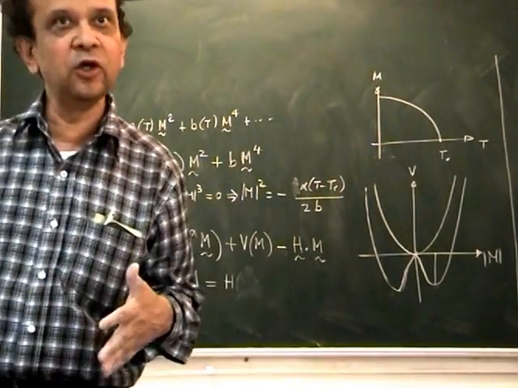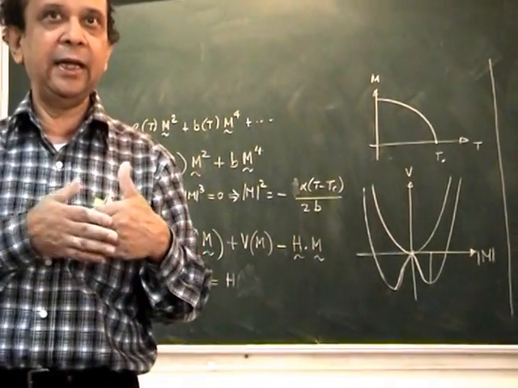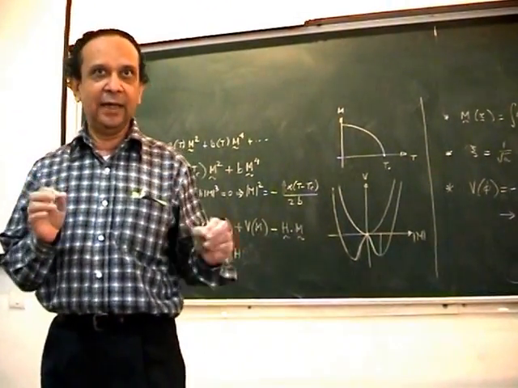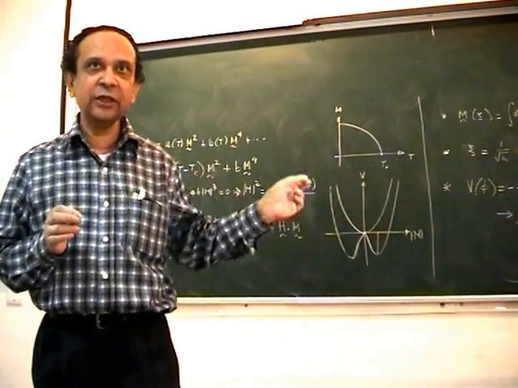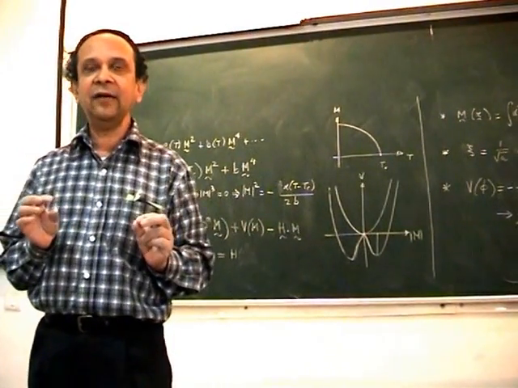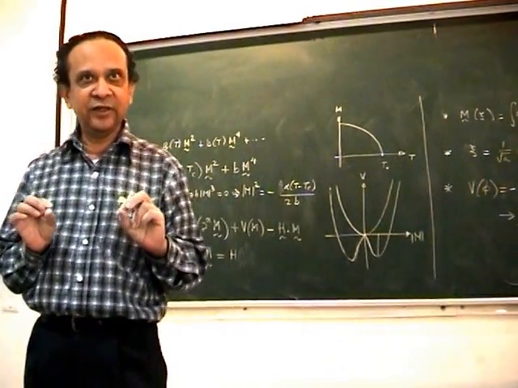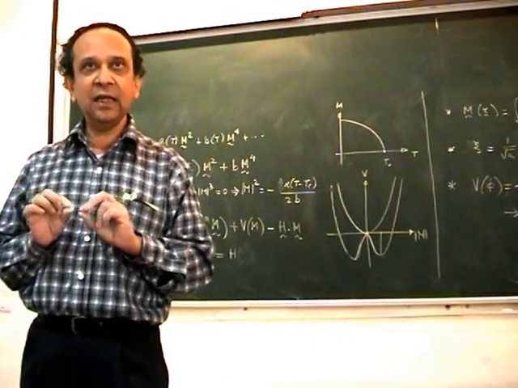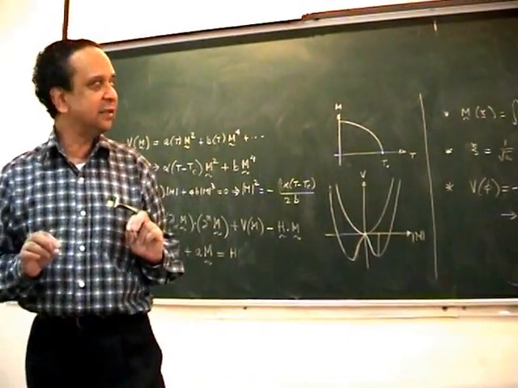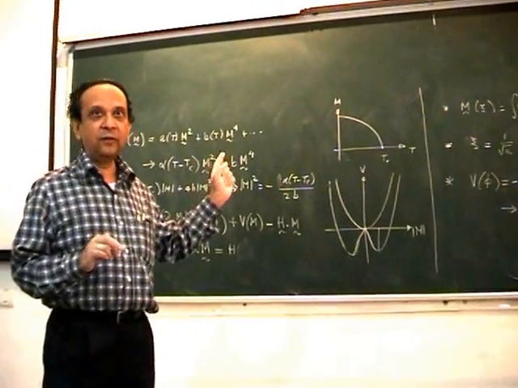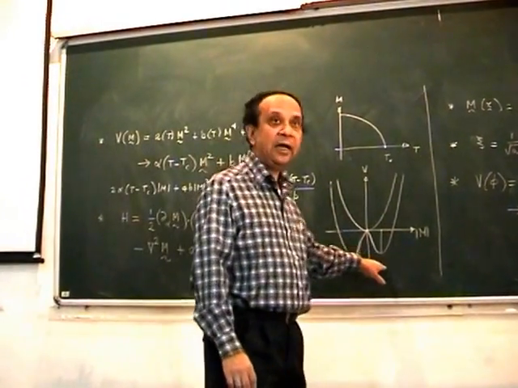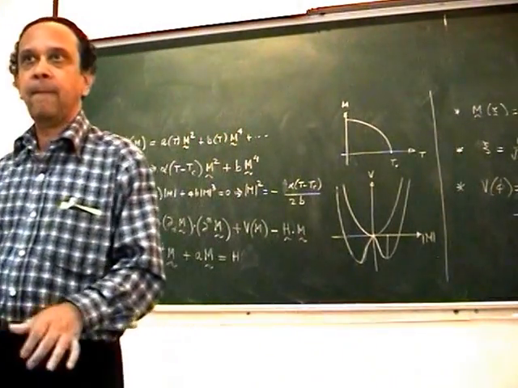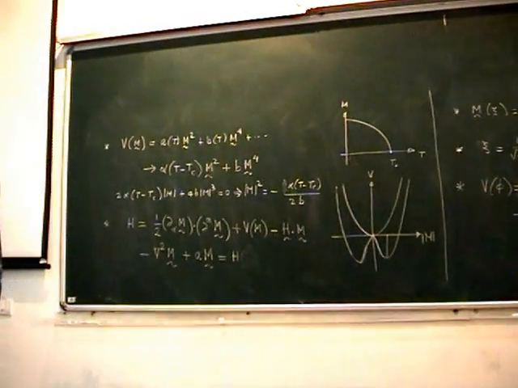The real life is much more complicated. You have to worry about the domains, their interfaces, etc. But what it gets you is that you can have the same Hamiltonian with just this behavior, which will give you non-zero magnetization in the ground state when you go below T equal to Tc.